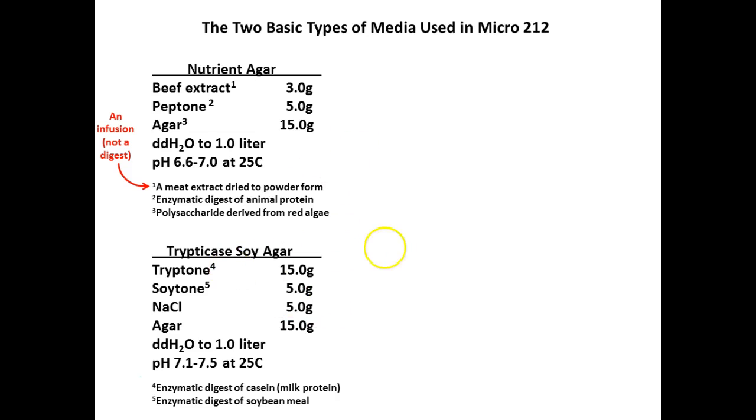Tryptone is a digestion of casein, which is a milk protein. It's actually the protein that makes your milk white. And then the soytone is a digestion of soybean.